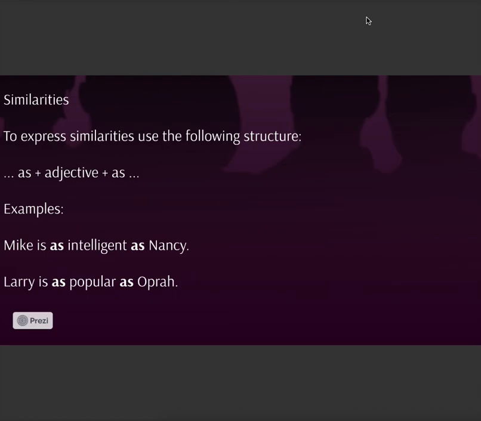See? To talk about things that are equal. As, a sandwich of adjectives. Remember that. When you are going to talk about similarities, think about the sandwich. Adjectives sandwich. As, adjective, as. Questions about it, my dears?